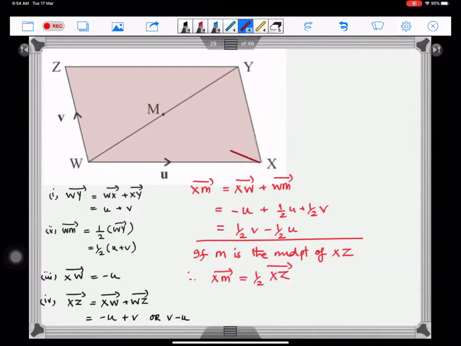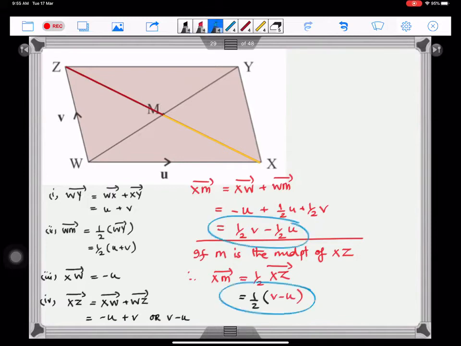This is XZ, and half of it should be XM. So what is half of XZ? XZ is V minus U. Isn't this answer and this answer the same?